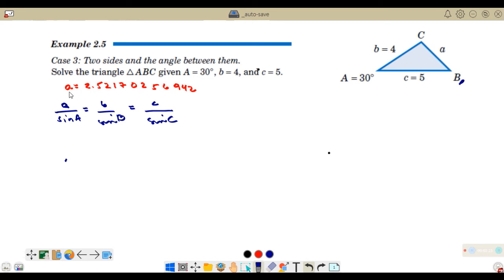But since we already know the value of A now, all we have to do is substitute the value of A.